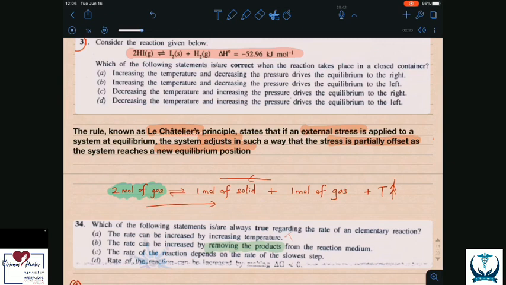Therefore, if there is an increase of pressure, then the reaction would proceed towards the right. While if there is an increase in temperature, the reaction would proceed towards the left, and vice versa.